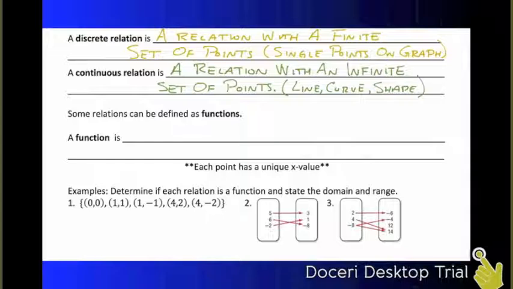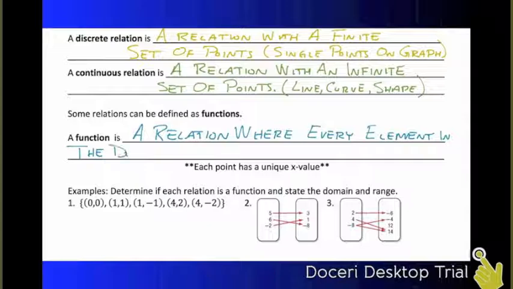A function is a relation where every element in the domain correlates to exactly one element in the range.